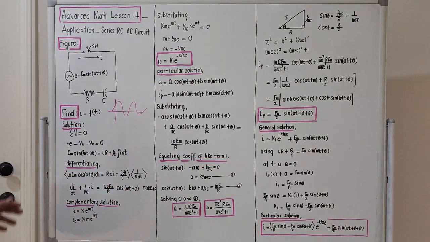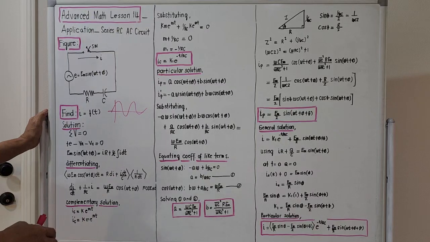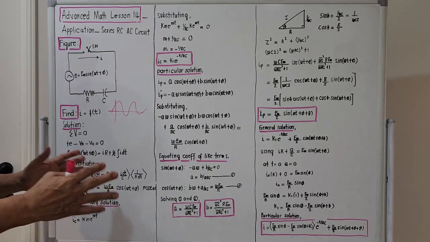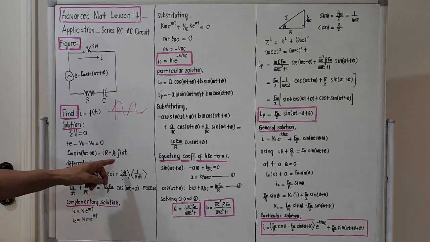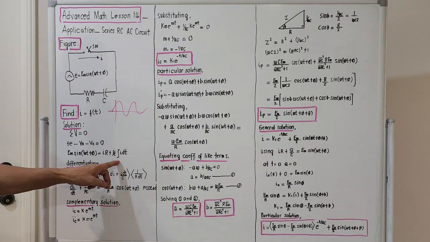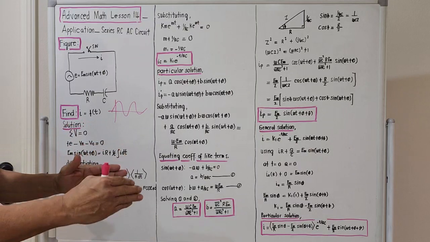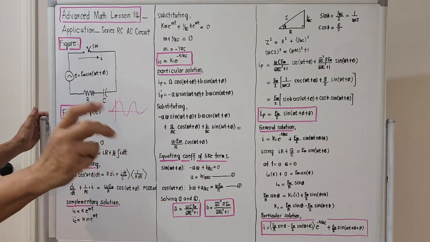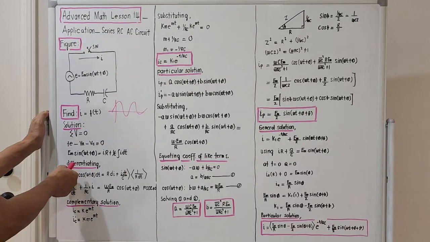So we are given an equation involving an integral of i dt. To bring out a differential equation without the integral sign, what contradicts an integral sign is the differential, so we will take the differential of all the terms.